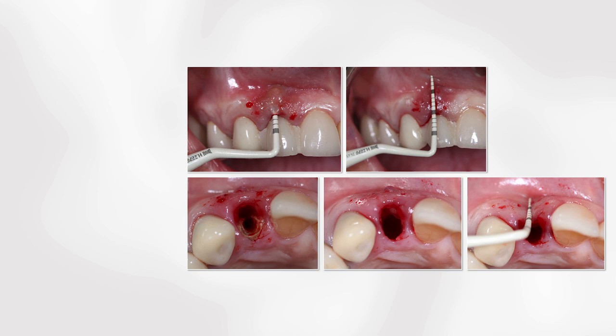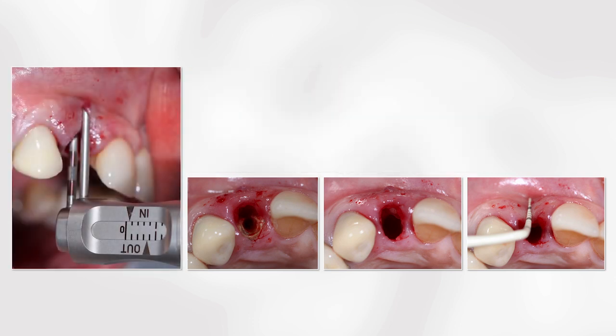First of all, the probing depth was measured. We have here around 1 centimeter in height. The tooth was extracted, the socket was cleaned, and the loss of the buccal wall was confirmed. At the same stage, we measured the gingival thickness, and we have here around 0.5 millimeter.